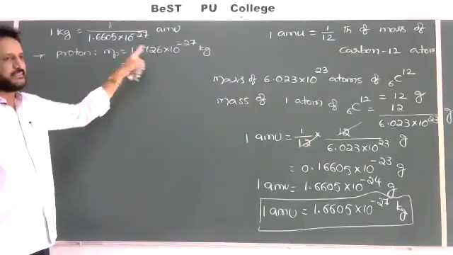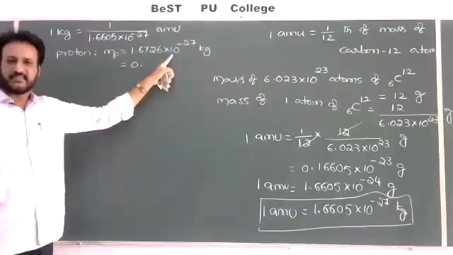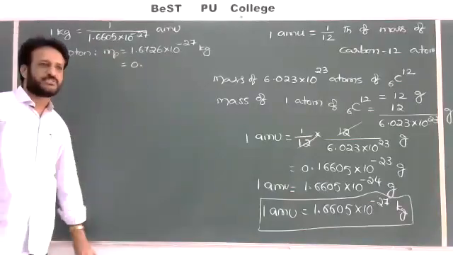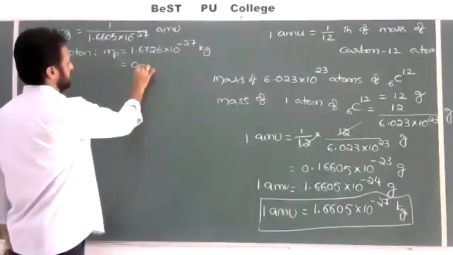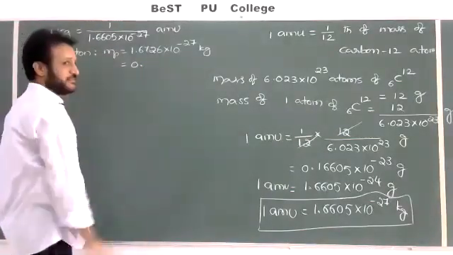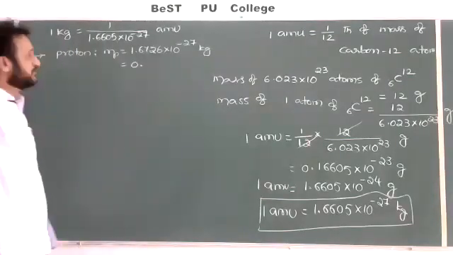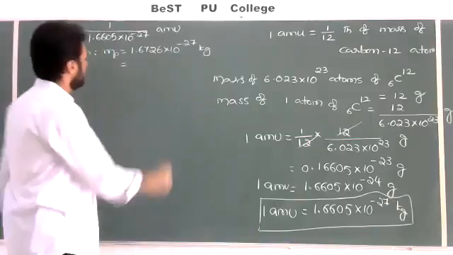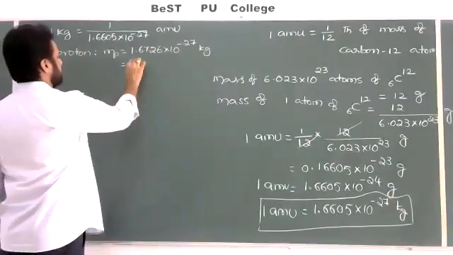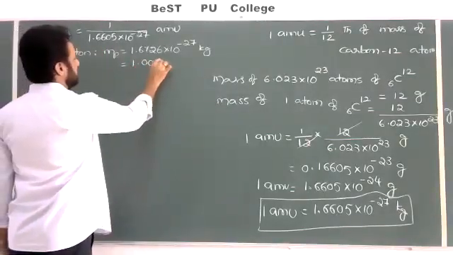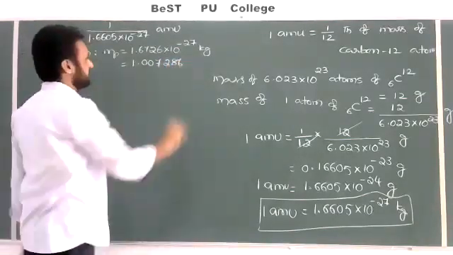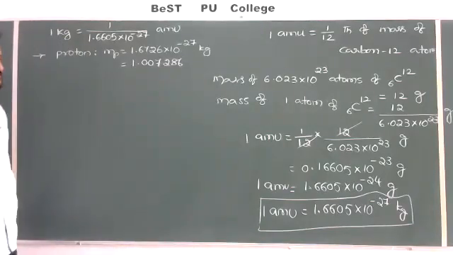We get 1.6726 divided by 1.6605, which is 1.007267.